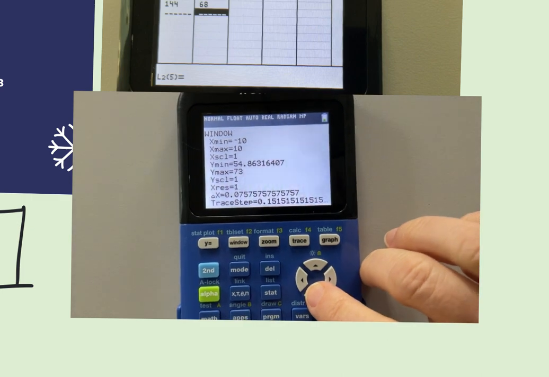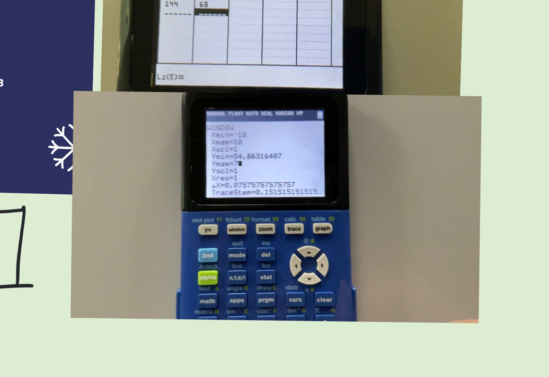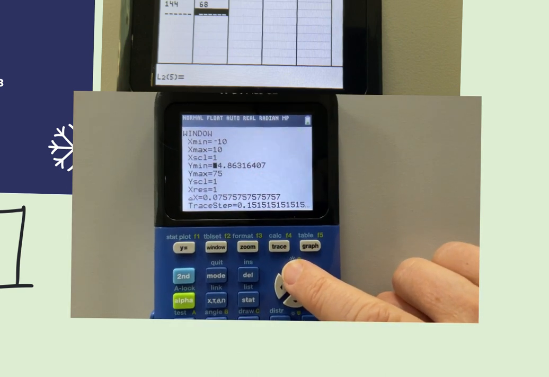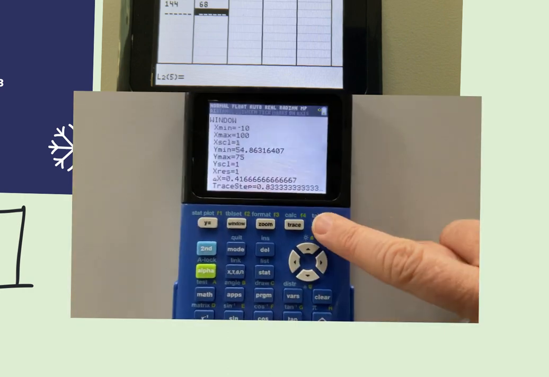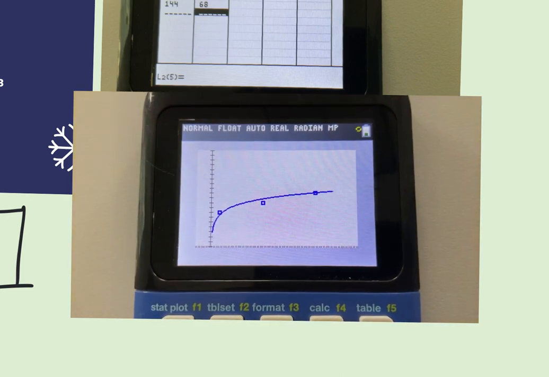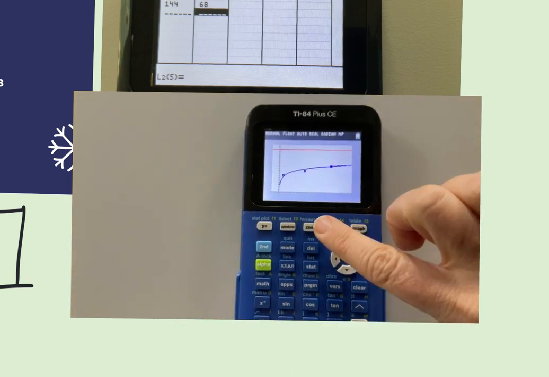So I know that my Y is good. My Y min, I want to actually see over it, so I'm going to leave it as it is. It could have been 50, whatever it is, and then 75, but my X max is not big enough. So let's do 100 and let's see what happens. Not even close.